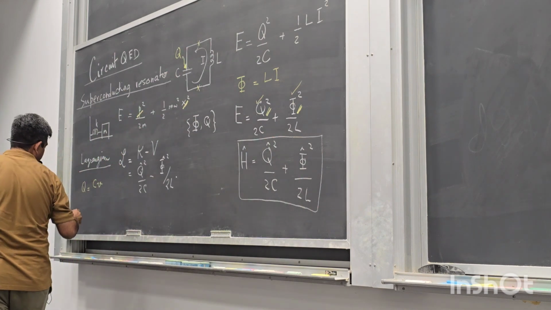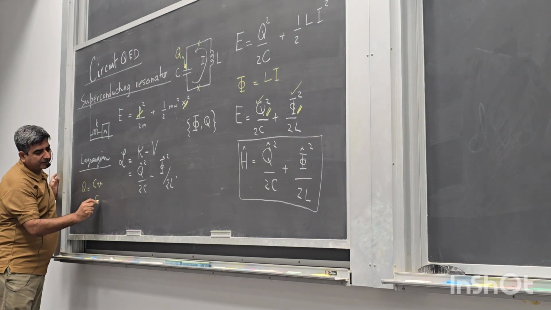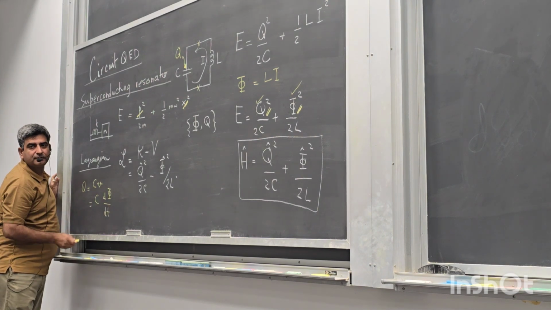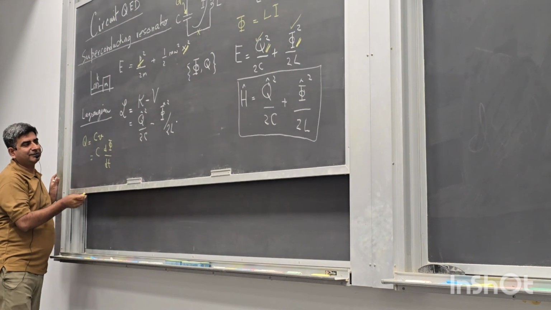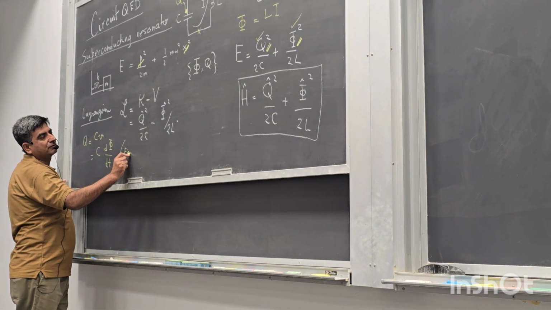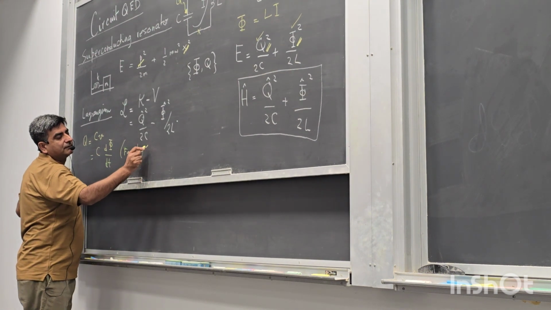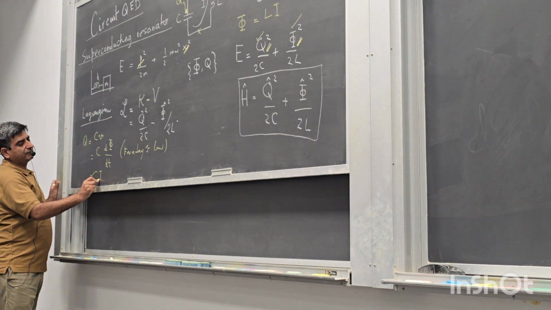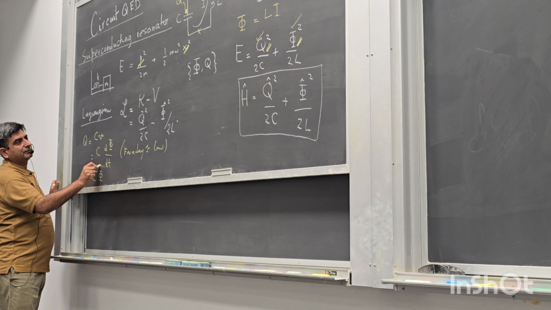So this voltage can be written as d phi by dt. Correct? This is from Faraday's law. So this is C phi dot.